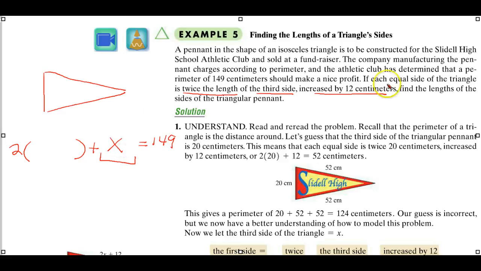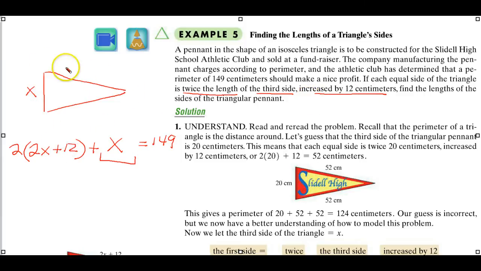And as we read this, it says, if each side equals twice the length of the third side, so twice the length of this third side here, increased by 12.